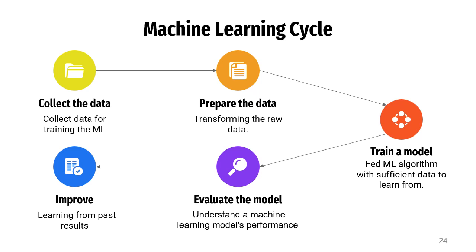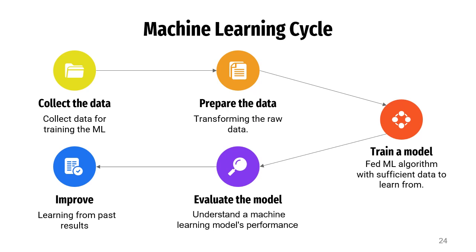After training the model, we are evaluating the model, to understand a machine learning model's performance. By evaluating the model, we are evaluating how well it predicts for a given set of inputs and things like that. A good model has an accuracy above 97.6%.